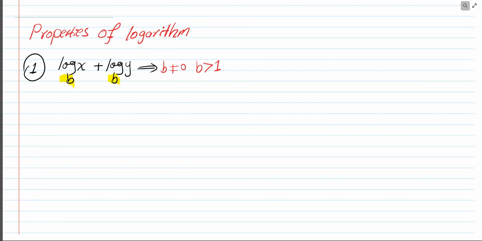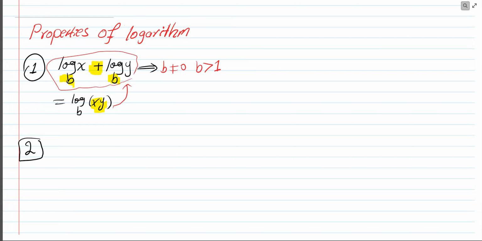Alright, so in this case, since I have the same base, the answer is going to be log base b of xy. I can multiply them if you have addition, or conversely, if there is multiplication, you can make it log base b of x plus log base b of y as written on the top.